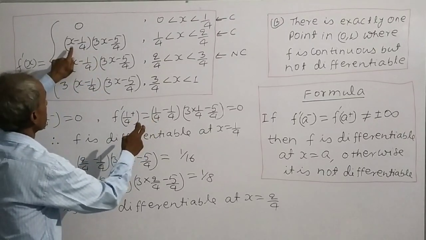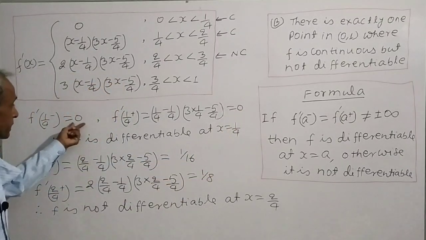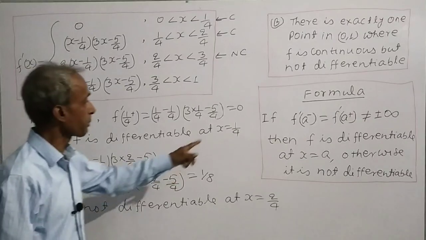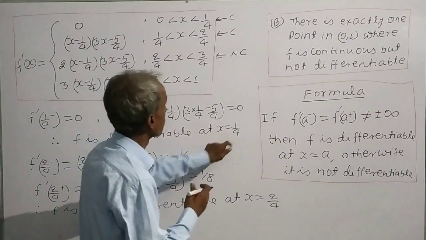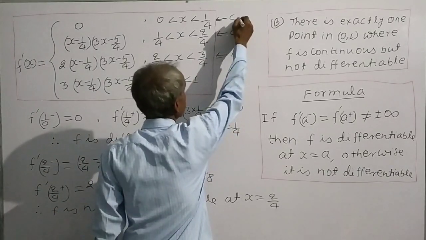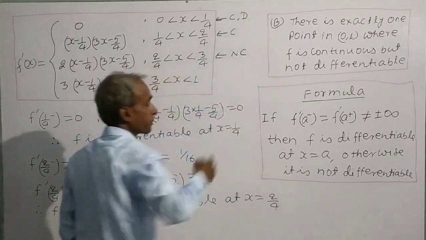We put 1/4 in place of x and get 0. Since left hand derivative is equal to right hand derivative, it is differentiable at x equal to 1/4. Continuous and differentiable.